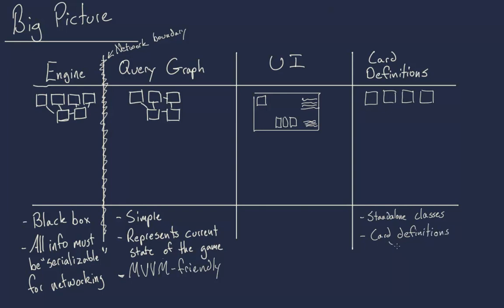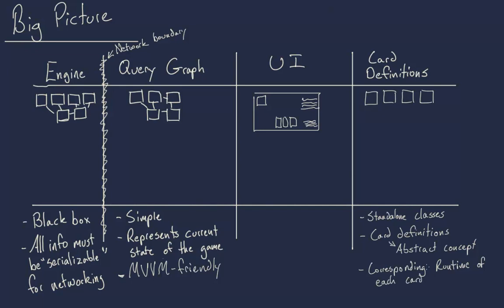I don't know what I'm going to be calling this other type of object, but there's also going to be a corresponding class for every particular card that represents the runtime behavior of that card. And every single one of the cards as the game is being played, every card on the game board or in your library, in your hand, wherever, is going to have an instance of this class.